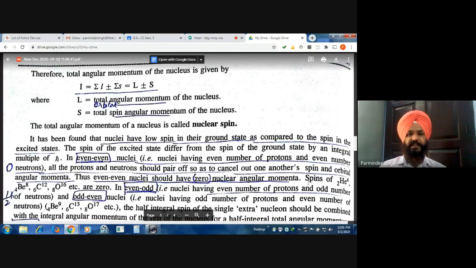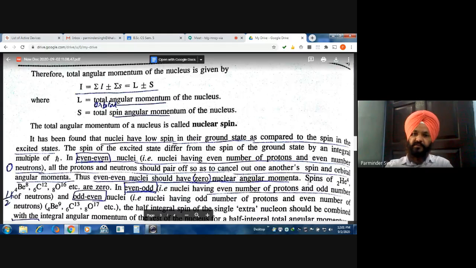Summation of L is written as capital L, the total orbital angular momentum of the nucleus, and summation of S is written as capital S, the total spin angular momentum of the nucleus. So the total angular momentum of a nucleus is called the nuclear spin.